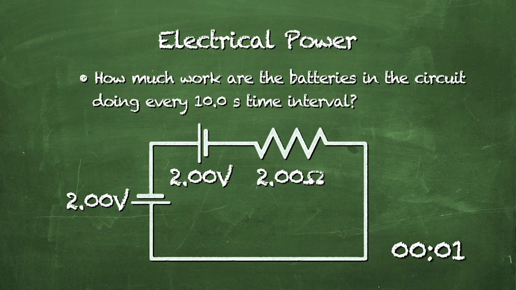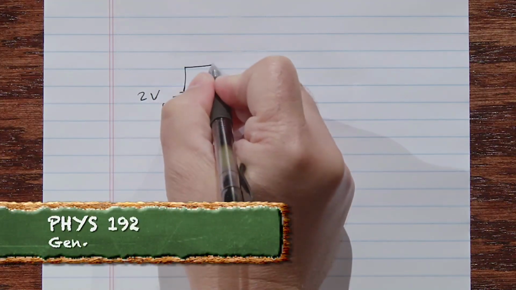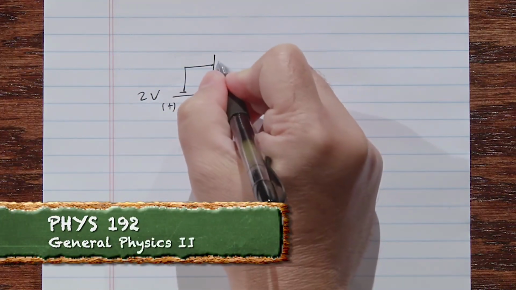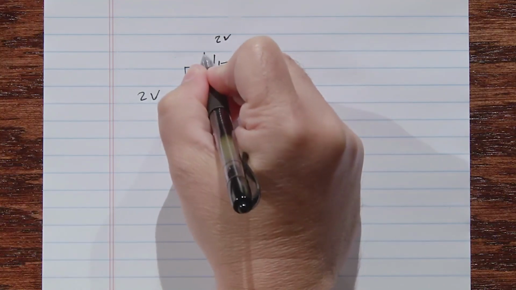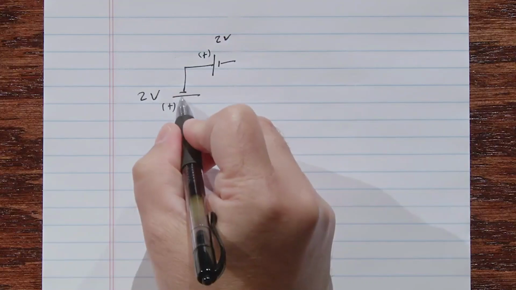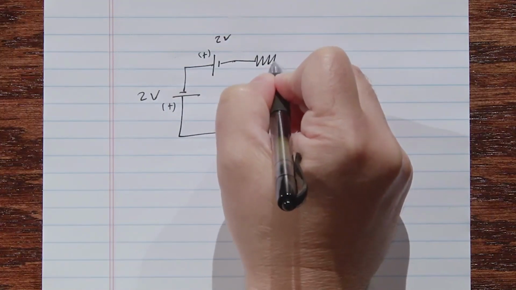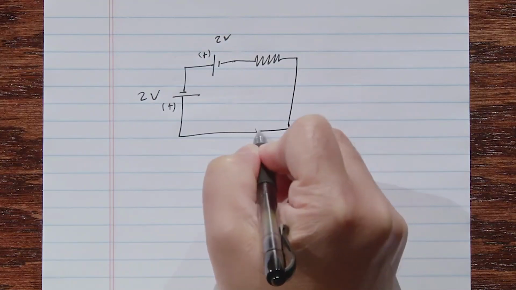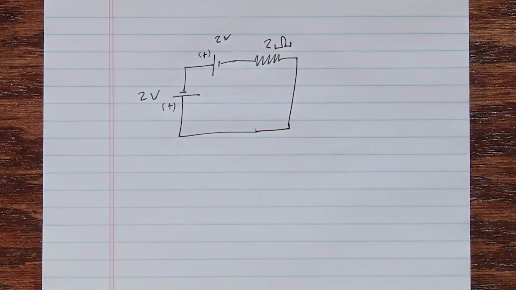Okay, we have a 2-volt battery here. That's a positive side. And we have a 2-volt battery there. That's the positive side. And then we have a resistor, a 2 ohm resistor.